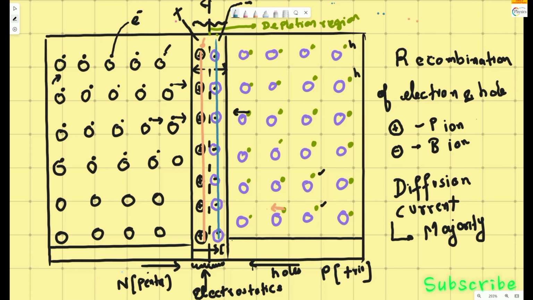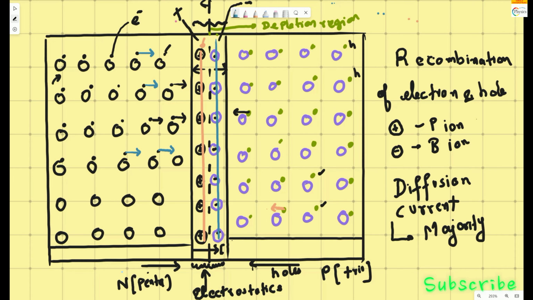These boron charges are negative. The electrons that want to move on this side cannot move because of the negative side. So at this point, you have a situation where further diffusion cannot happen.